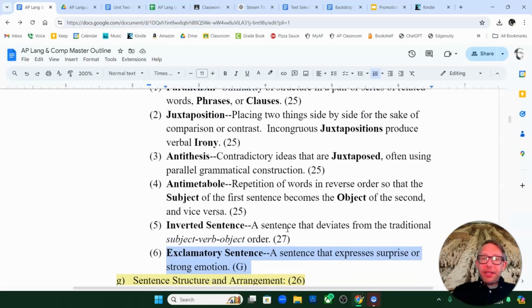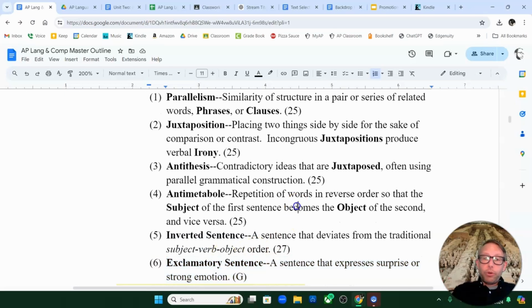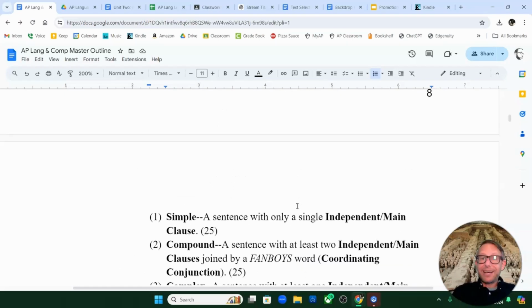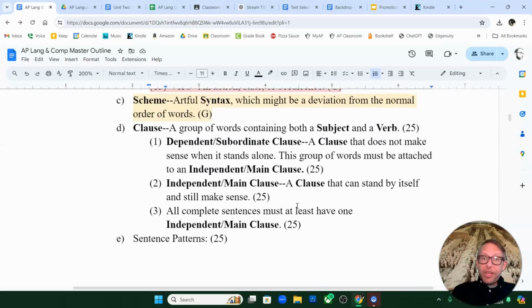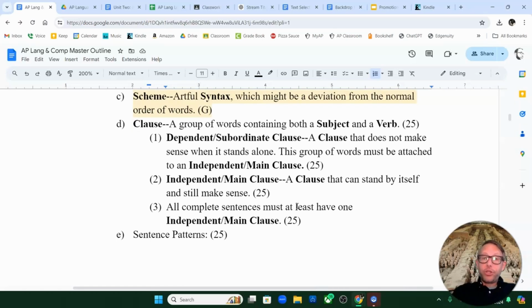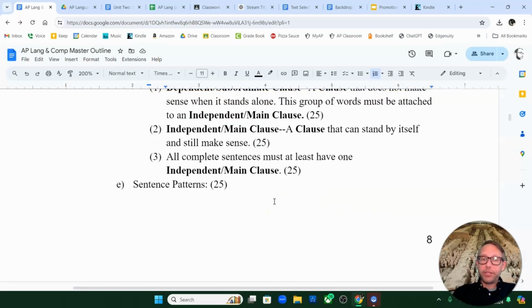So that's the next step of stuff that I wanted to bring to your attention regarding syntax. Again, these are all things that you want to be on the lookout for as you're doing rhetorical analysis. When does an author do any of these things with clauses? Do they have any patterns to their clauses?